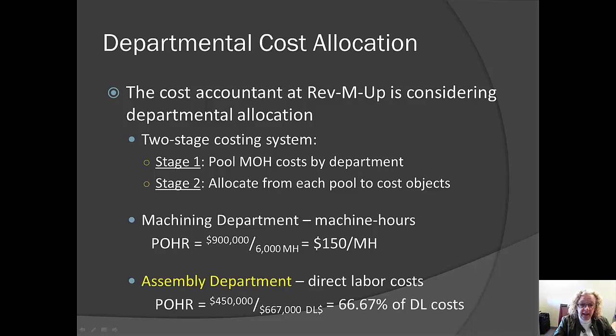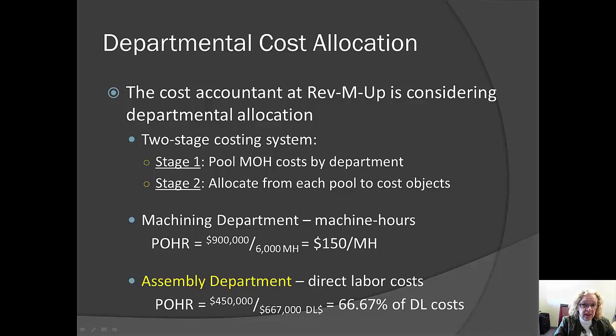We can interpret that as about 67 cents of allocated assembly department overhead per dollar of labor costs, or we can interpret that as assigning 66.67% of labor costs to each job as that job's share of the assembly department overhead.